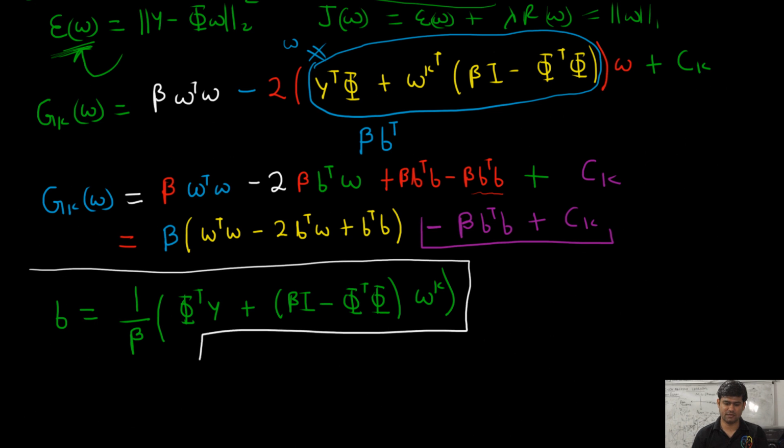So this is b. We can further write it by taking w_k separate.